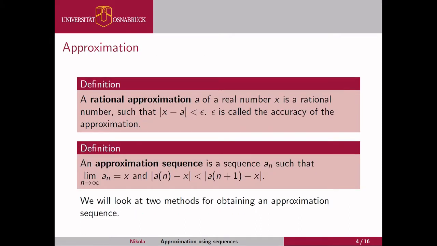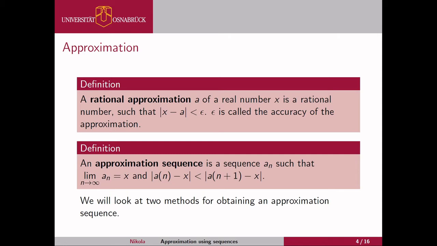Let's look at a more concise way of phrasing that. Here we have two definitions. First of all, we define what an approximation of a real number is. So let's say x is a real number, then a is our approximation. And now the question is, how close do you have to get in order for it to be an approximation? Well, the answer is you practically choose.